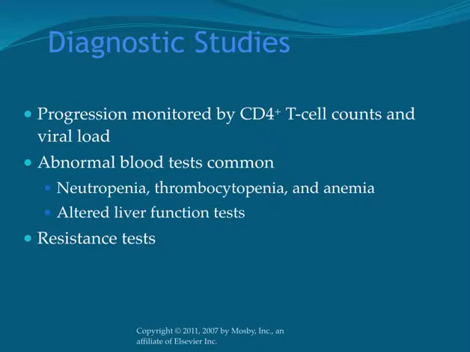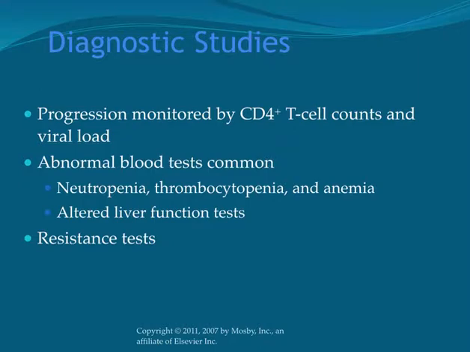So the other diagnostics we're going to do, we're going to monitor their progression by close monitoring of that CD4 T-cell count and viral loads. Generally speaking, a CD4 T-cell count of 800 to 1200 is considered normal.